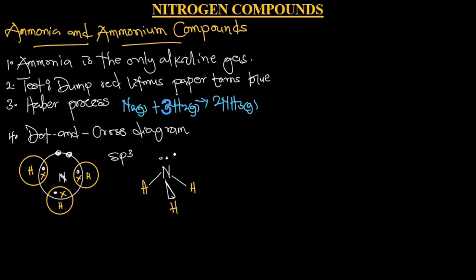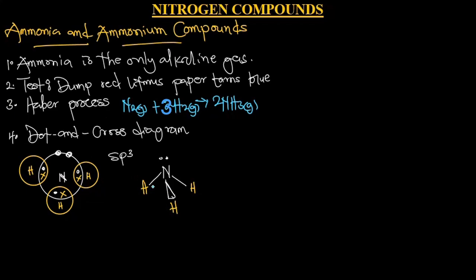Now what happens is that instead of the regular tetrahedral geometry where the bond angle is going to be 109.5, the lone pair is going to repel the bonded pairs in a way that the bond angle is reduced to about 107 degrees, making it appear to be pyramidal.